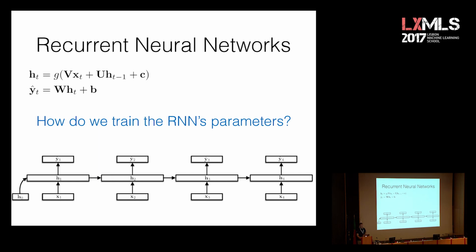So how do we train the recurrent neural network's parameters? Well, let's assume, for the sake of argument, that at every time step we're going to be making some prediction. And that prediction is going to be a summary of not just what's going on at the current time step, but there's potentially going to be a dependence on the previous time step.